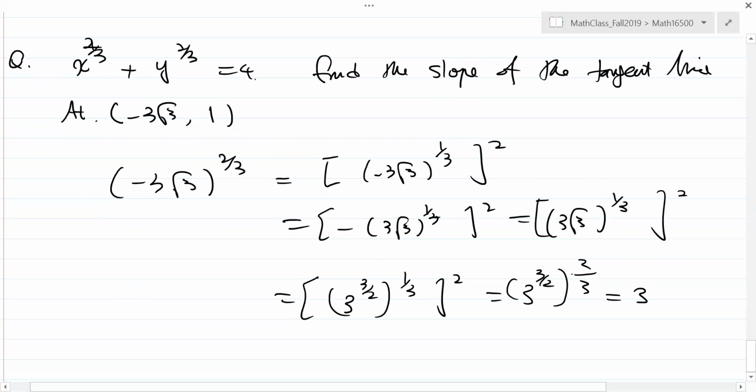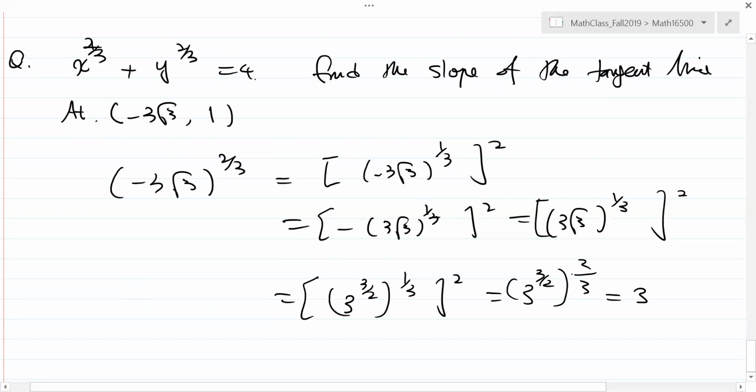Now, how do you find the slope? You can solve for y. Yeah, technically you can do that. You can solve for y in terms of x, no problem. But I'm not going to do it this way.